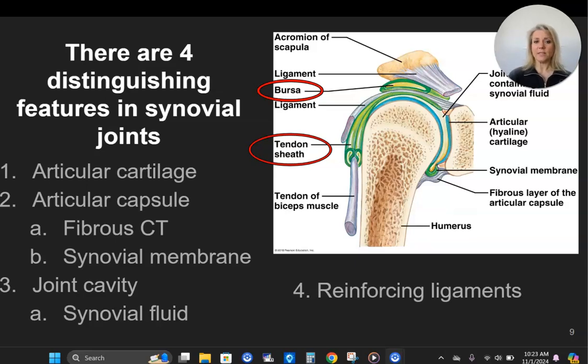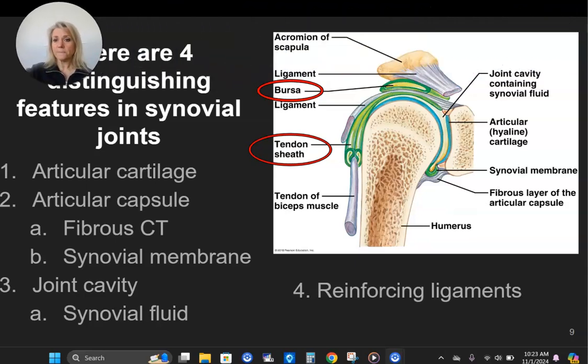And as you can see, the articular capsule is going to be made up of 2 layers. You have fibrous connective tissue on the outside, and you have the synovial membrane, which is made of areolar connective tissue on the inside. It is the areolar connective tissue, the synovial membrane, that secretes the synovial fluid.